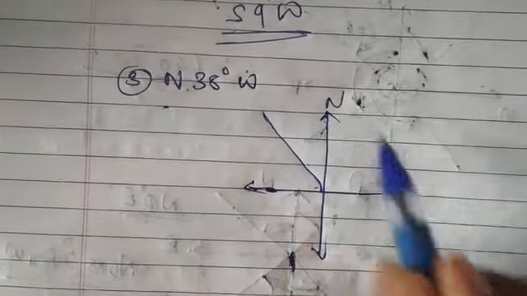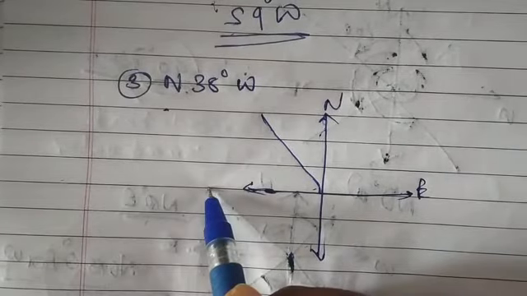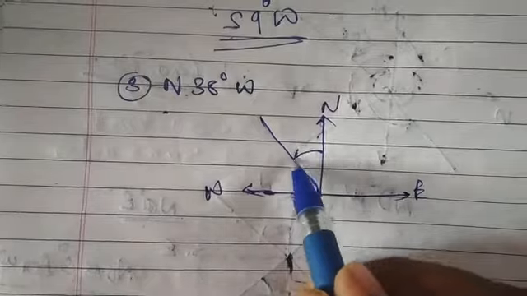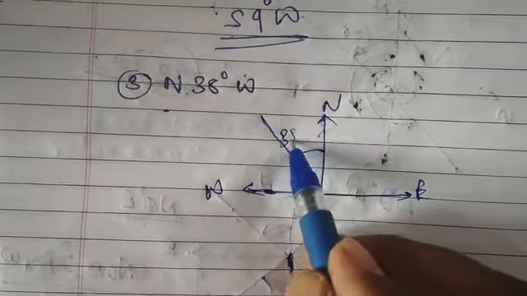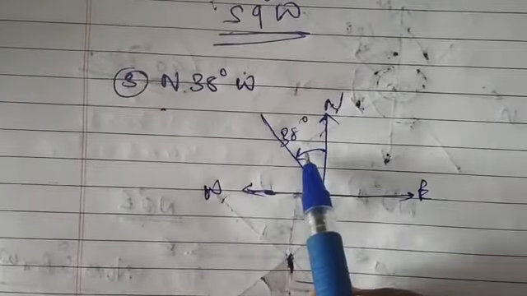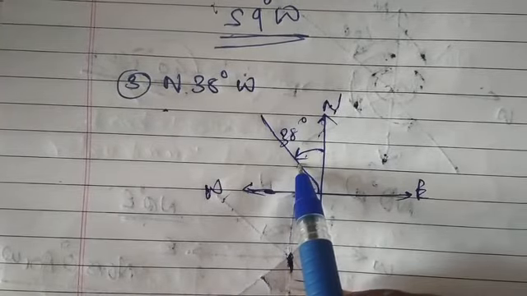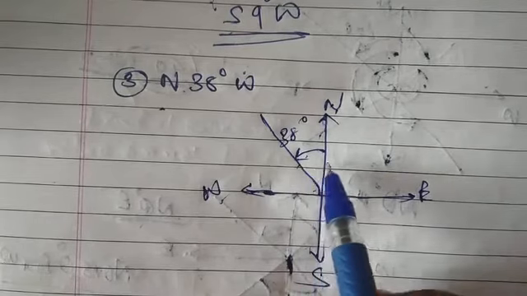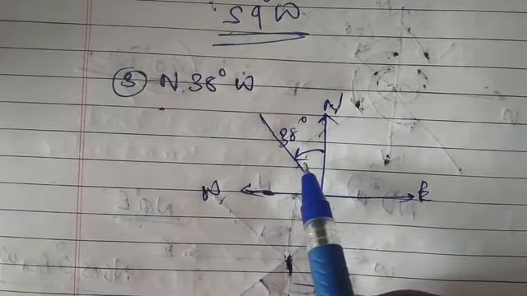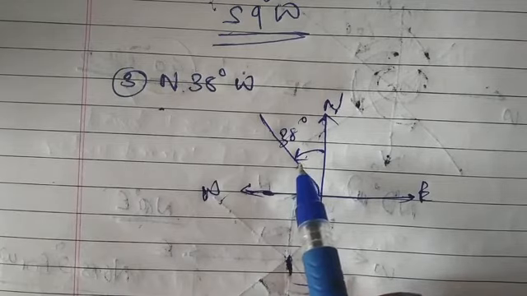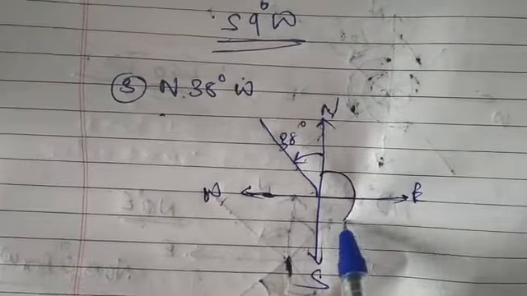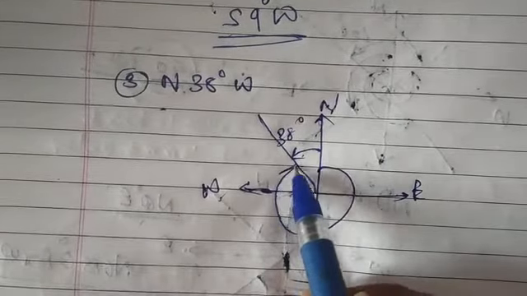This is north, this is east, this is west, and this is south. This angle is given to us, that is 38 degree from north. When we go from north to west, this line is at 38 degree. Now we are interested in finding the whole circle bearing, which means we want to find this angle.